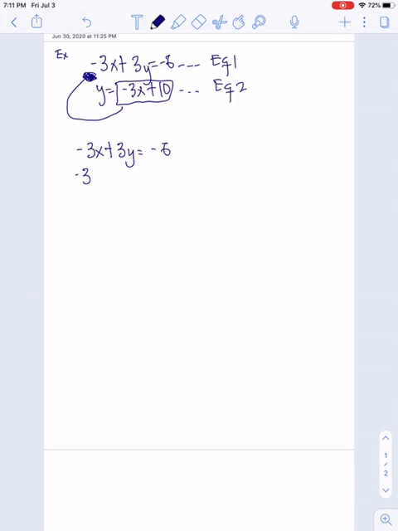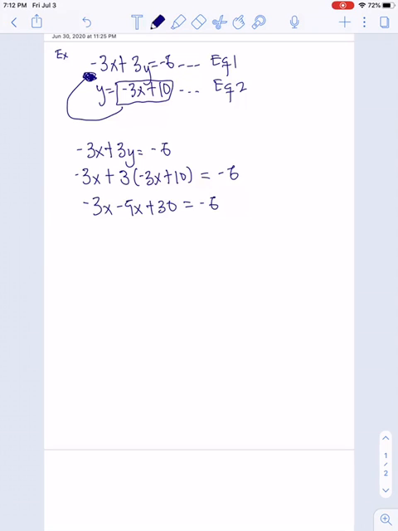And I'm going to plug it in as negative 3x plus 3, open parentheses, negative 3x plus 10, close parentheses, equals negative 6. And when I break this down, positive 3 times negative 3 will be a negative 9, so negative 9x, and a positive 3 times a positive 10 will be a positive 30 equals negative 6.